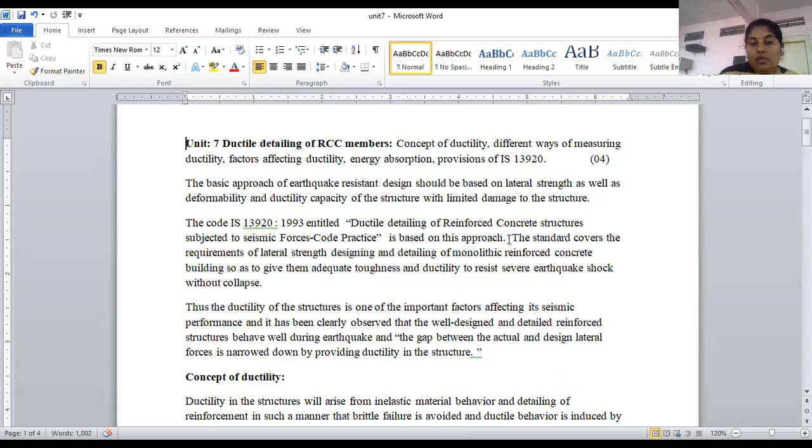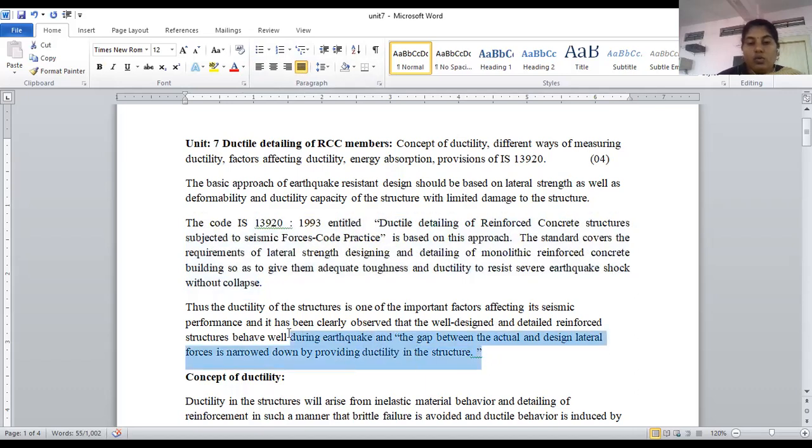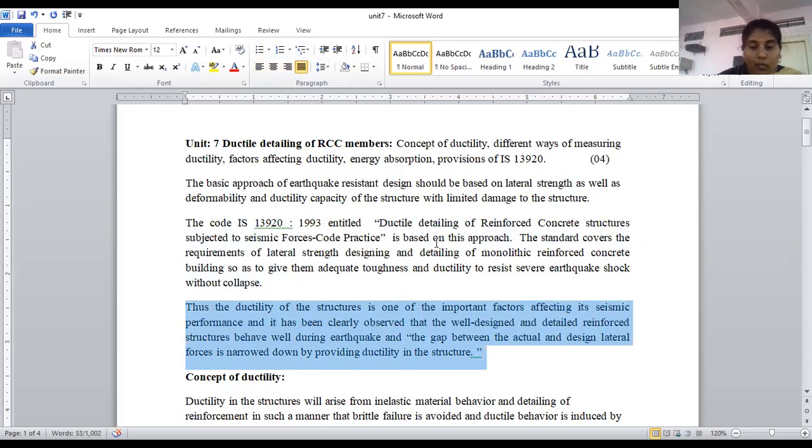The standard covers the requirements of lateral strength, designing and detailing of monolithic reinforced concrete buildings so as to give them adequate toughness and ductility to resist severe earthquake shock without collapse. It means we have to understand this basic concept of ductile detailing, that is, achieving ductility and toughness in the structure to resist severe earthquakes, severe shocks coming on the structure.